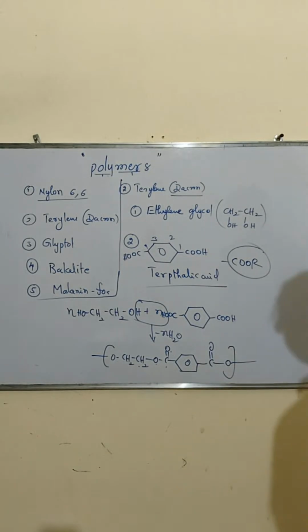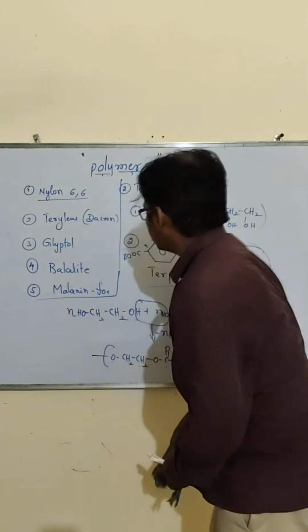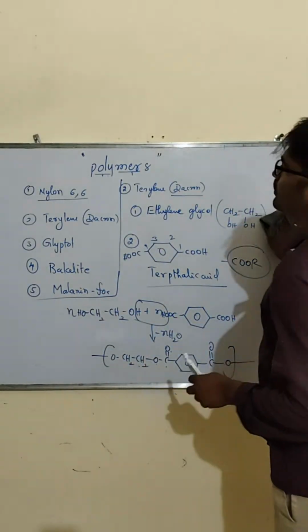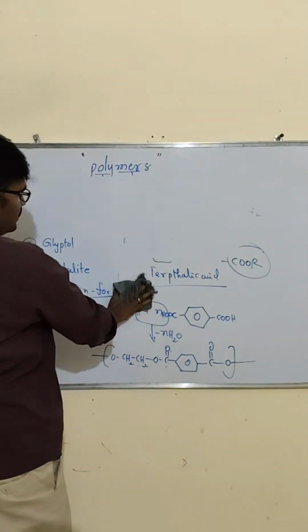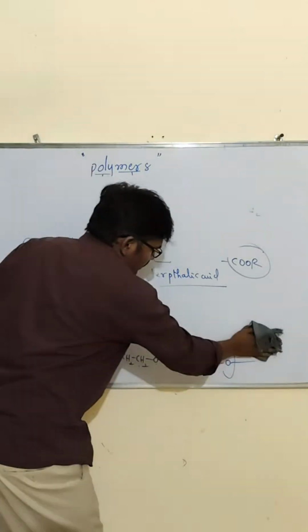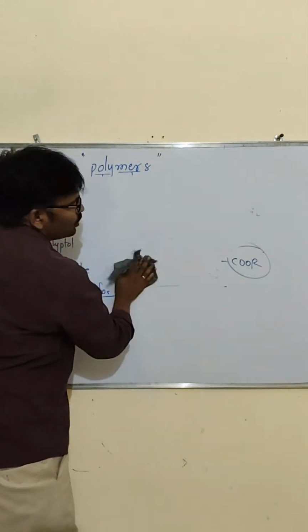Terylene is done, next glyptal. What are the monomers of glyptal?